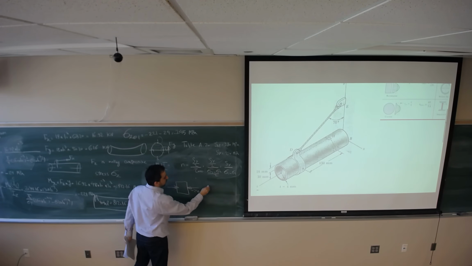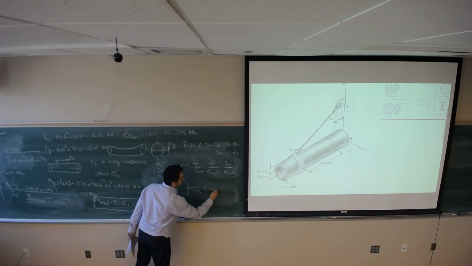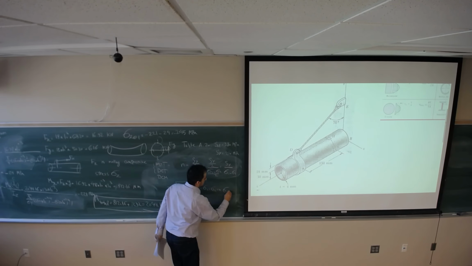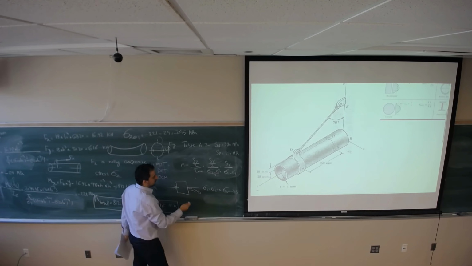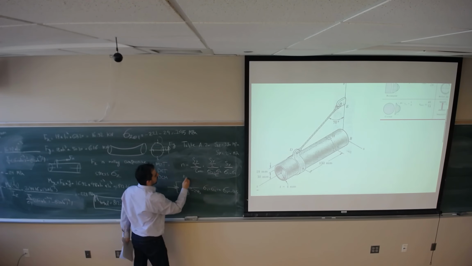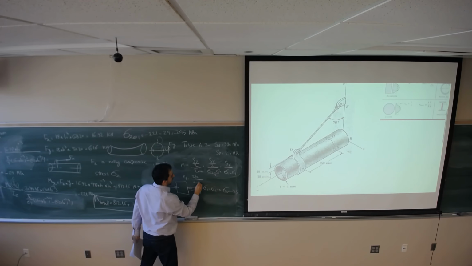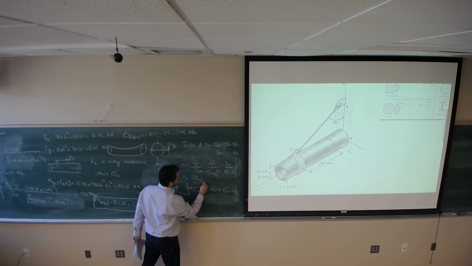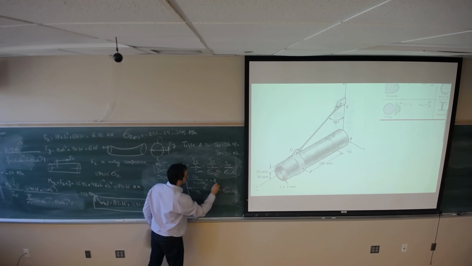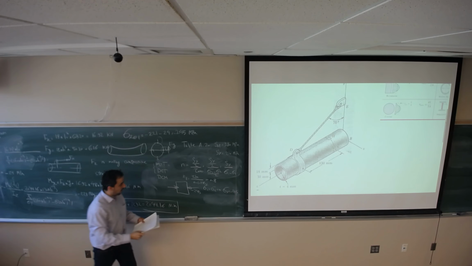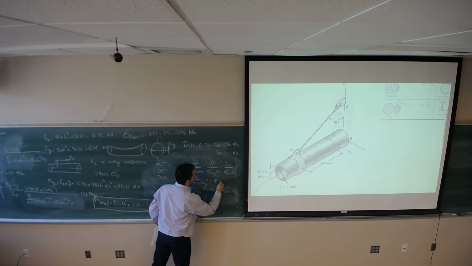If I rank them, sigma 1 equals sigma 2 equals 0, sigma 3 equals negative 245. Just plug in here, you will get the factor of safety, Sy 210 divided by sigma 1 minus sigma 3, which is 245. You will get 0.8571.